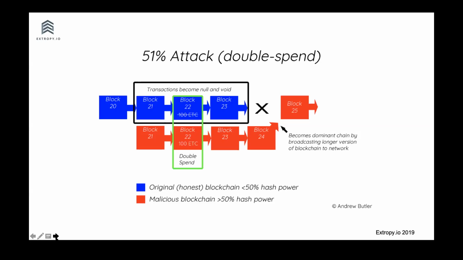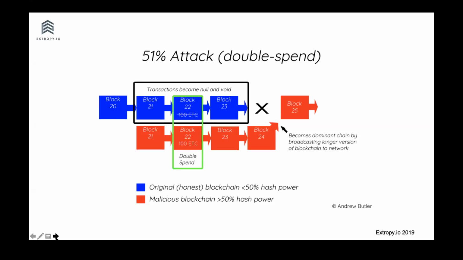And in one of these blocks, block 22, we have a spend of here it's 100 Ethereum Classic tokens. So somebody has spent 100 tokens and they've used this to get something valuable in the real world. So maybe they've cashed out their tokens and got some fiat in exchange. And then someone else has put in the next block 23, and this is honest.